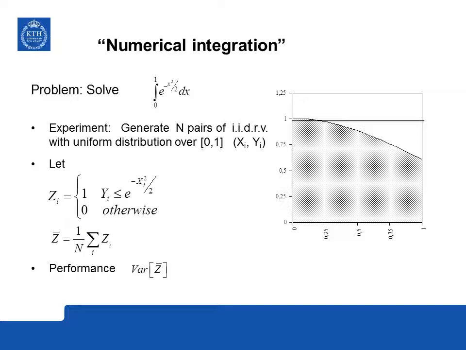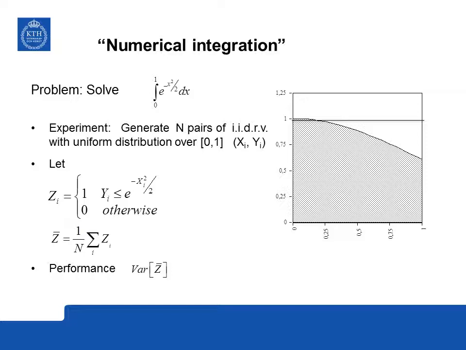Simply what we want to do is count how many of these random pairs fall below the curve e to the minus x squared over 2. The way we do it is that we define z i, the observation z i, as an indicator variable, and it's 1 if y i is below the curve, and 0 otherwise.